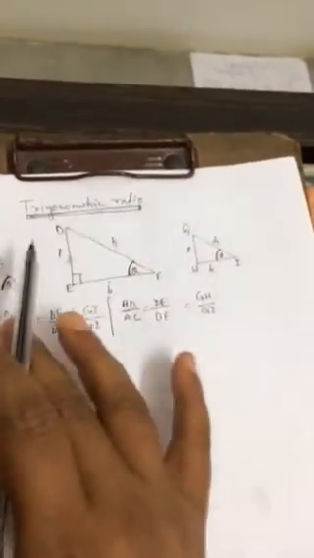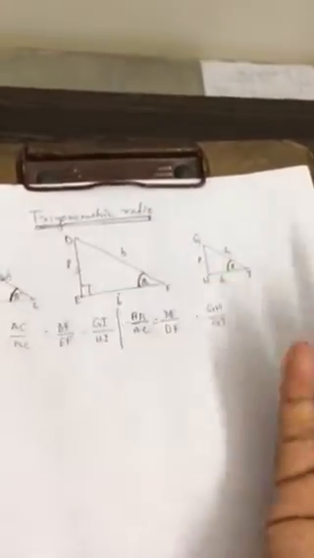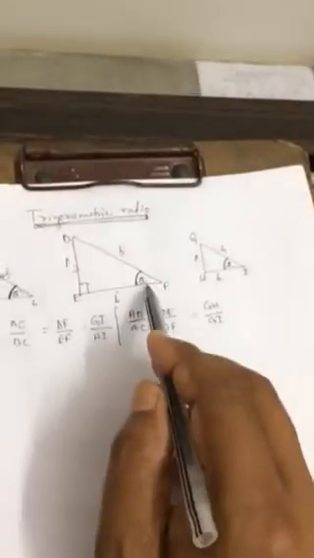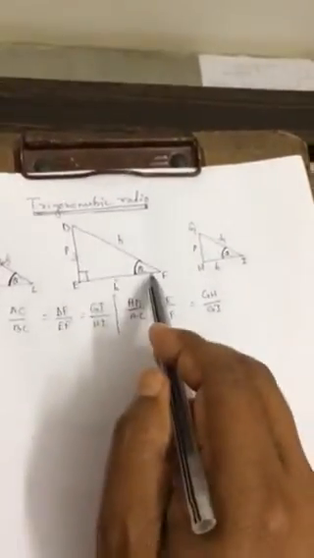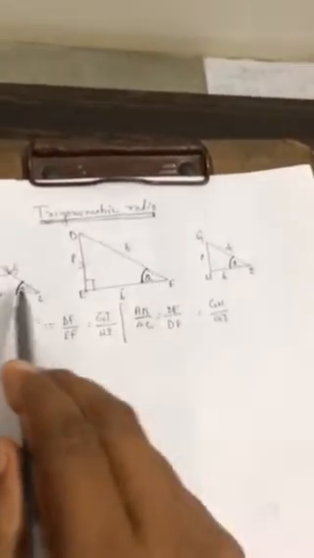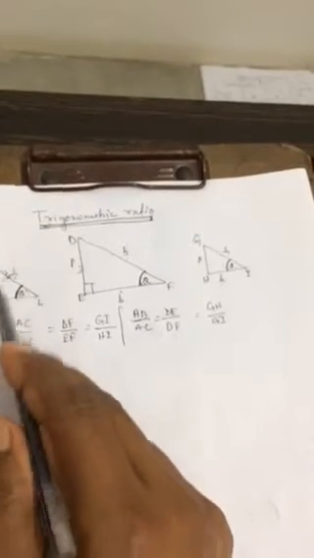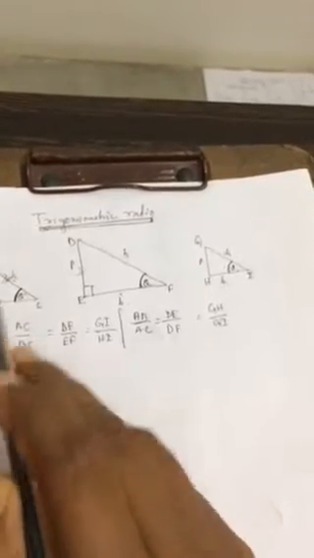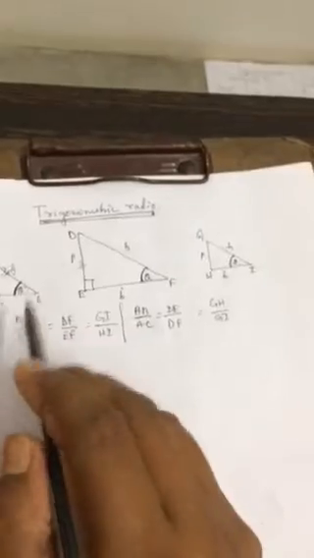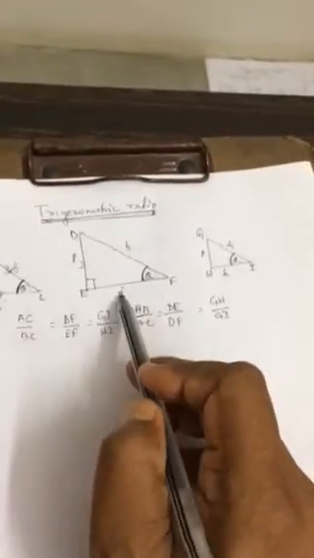So what we understood here: if you have two or more right angle triangles with the same acute angle, then with respect to that acute angle, if you find the ratio of any two sides of one triangle, that ratio will be equal to the ratio of the same two sides of the other triangles.